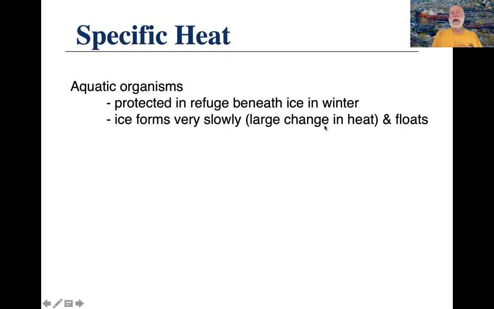It takes a large change in the amount of heat in water to have a change in temperature. And as I mentioned before, when water freezes, it floats. And so we have this protective layer of ice and snow that covers the surface of lakes and streams in winter.